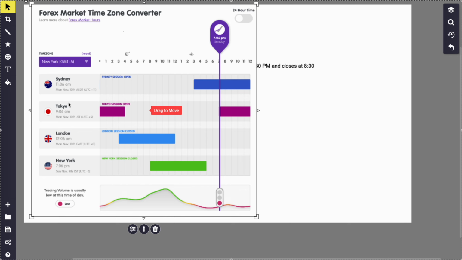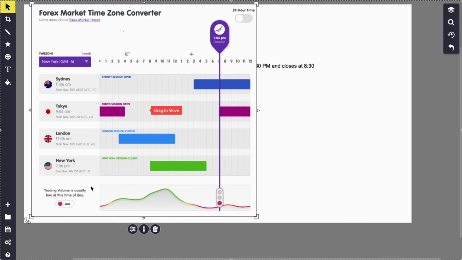London, New York, Asian, three main time zones. But saying that, the Asian time zone, Sydney, Tokyo, I'd leave that and not really trade much in that, because there's not much movement. You're not going to be making that much money, okay? That's what I've been told, and that's what I'm going to follow, okay? Although London and New York, that's where the main movement is.